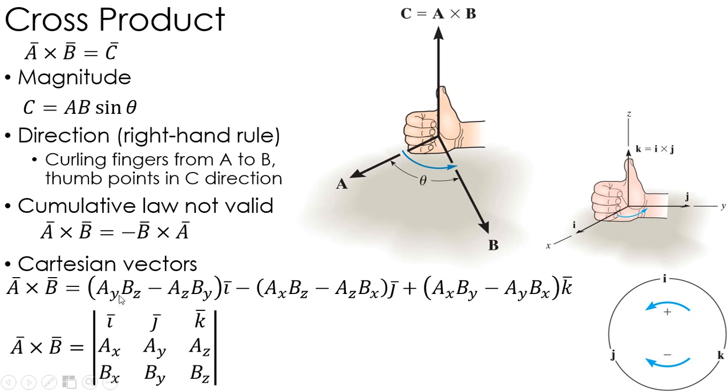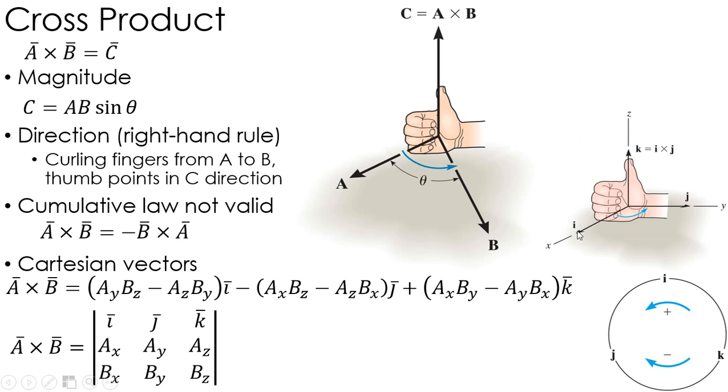You'll notice that as I go through this, there's no Ax times Bx, Ay times By, or Az times Bz, because those vectors point in the same direction, meaning the angle between them is 0, so they have no magnitude. So I'm only concerned with those cross products like i cross j, j cross i, k cross j, these sorts of things.